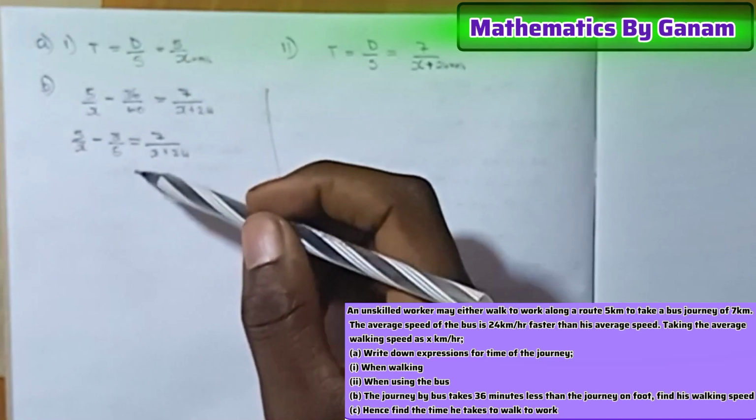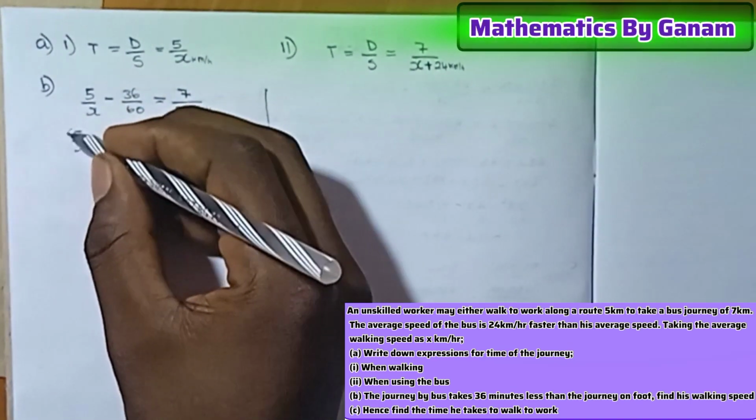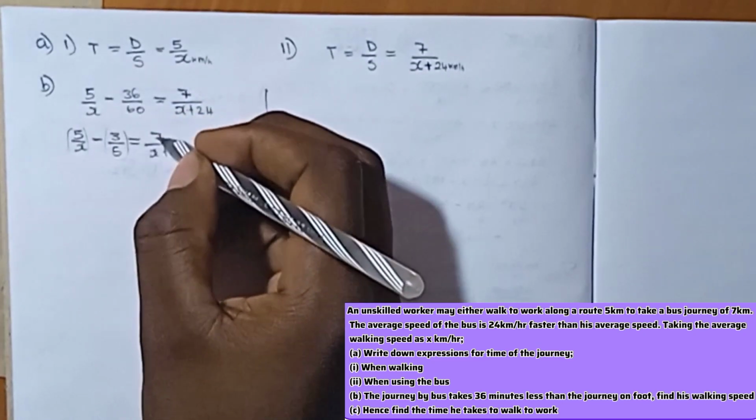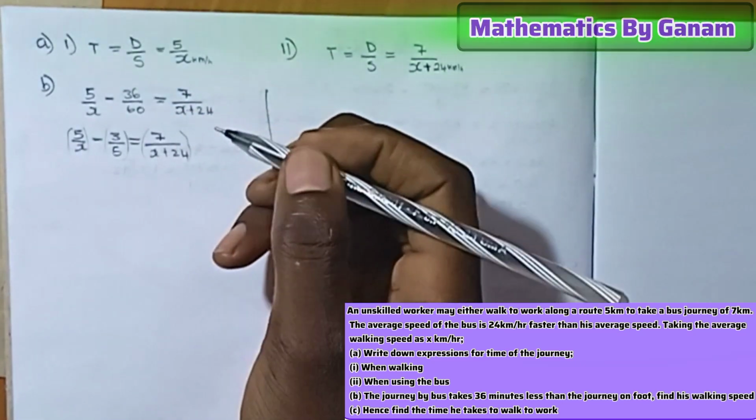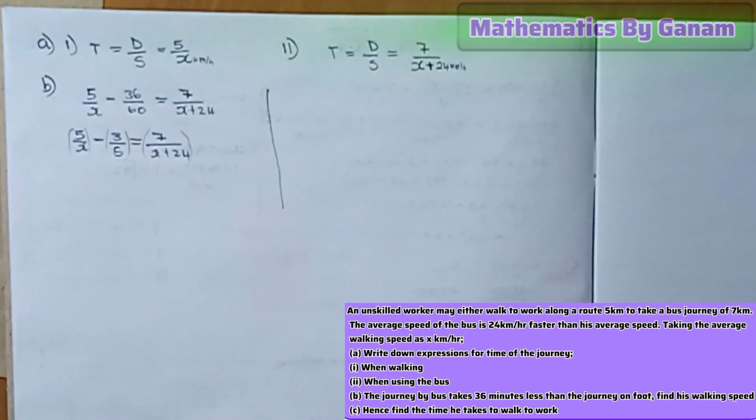Let us multiply by the denominators on each side, so that we can have a simple fraction which is easy to work with.